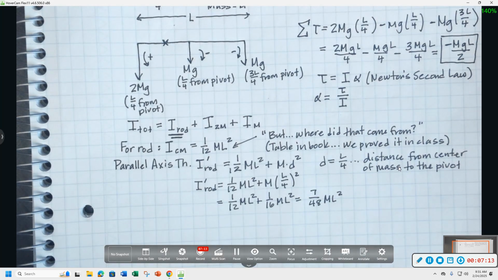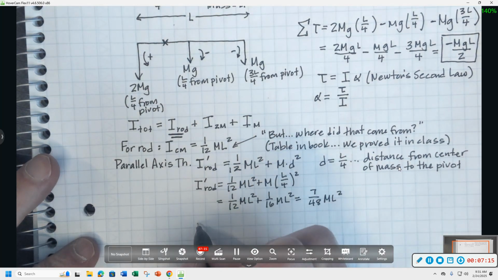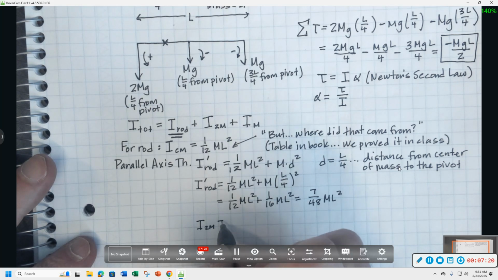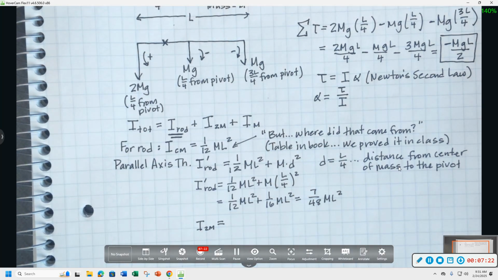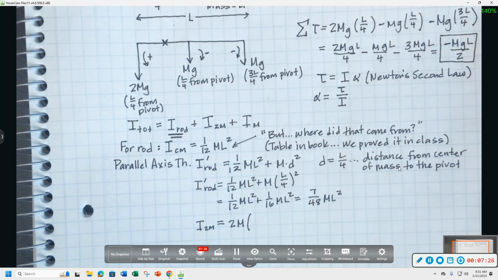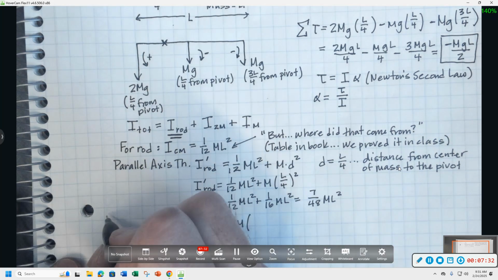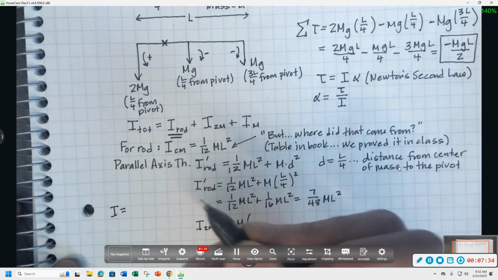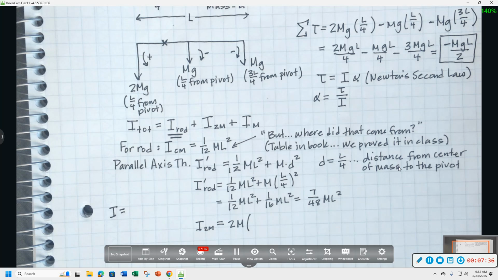Okay? If I want the inertia of the 2m block, that's going to be 2m times what? Okay, so if I want inertia, there's the integral one if we have a single object, we have a beam, we have a plate, whatever.